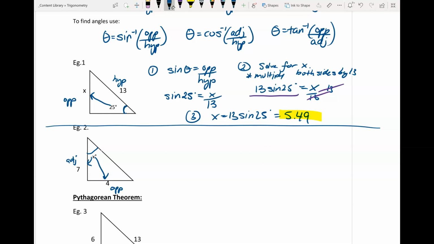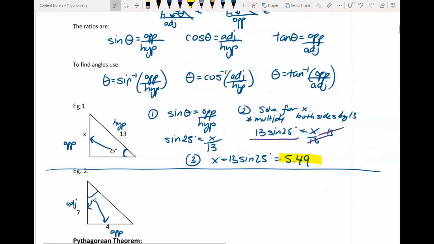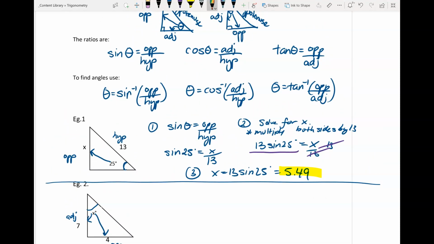Out of the 3 ratios, the only ratio that has opposite and adjacent in it is tan. Now, if we go back to our information here, we have these two for tan, and I'm looking for an angle. So if I want to look for an angle, I should use tan inverse of opposite over adjacent, because I am looking for that angle.